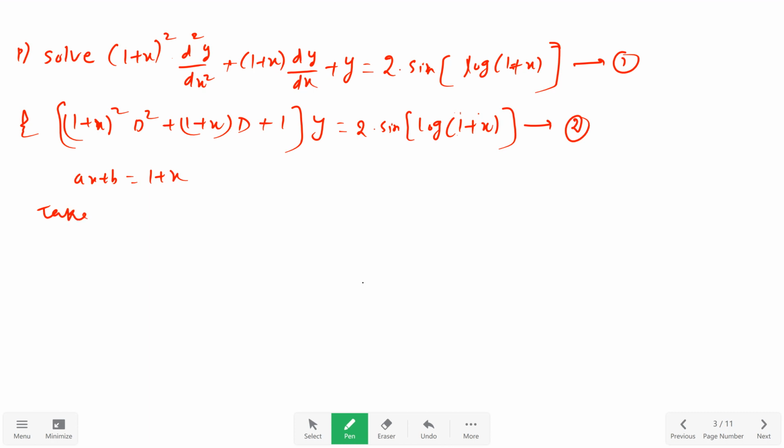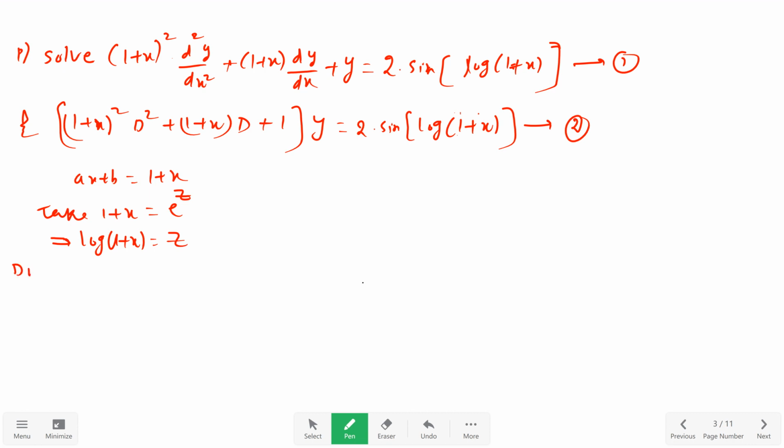The first step is to take the ax plus b term as e power z. So in place of ax plus b, 1 plus x is there, so 1 plus x can be taken as e power z. Take logarithm on both sides. So we get log of (1 plus x) is equal to z.